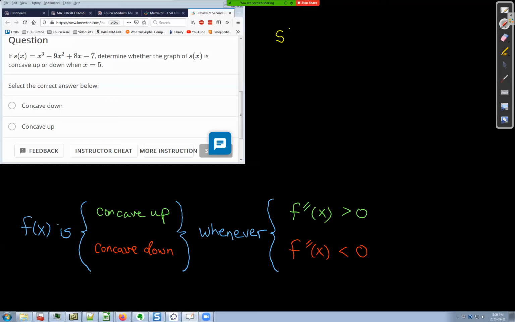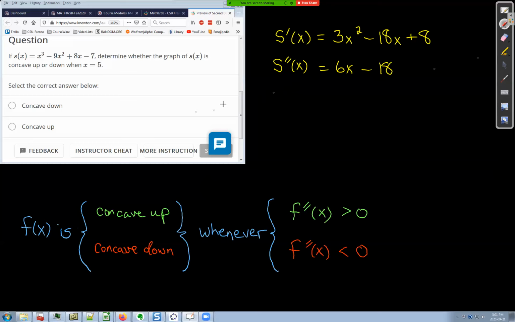So the first derivative is 3x squared minus 18x plus 8. And then I need the second derivative for this concavity test. So the second derivative is equal to 6x minus 18.